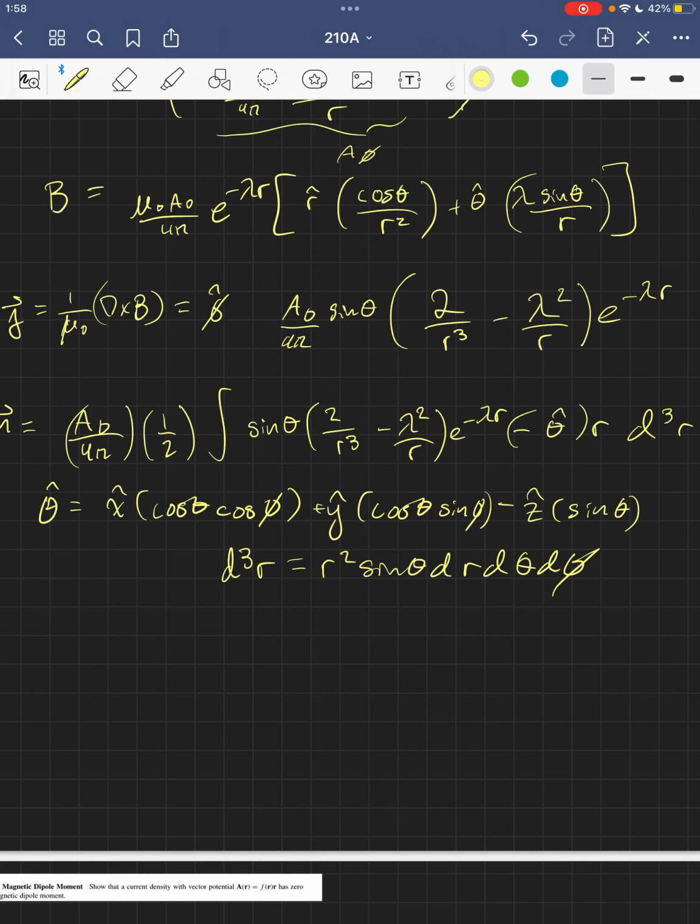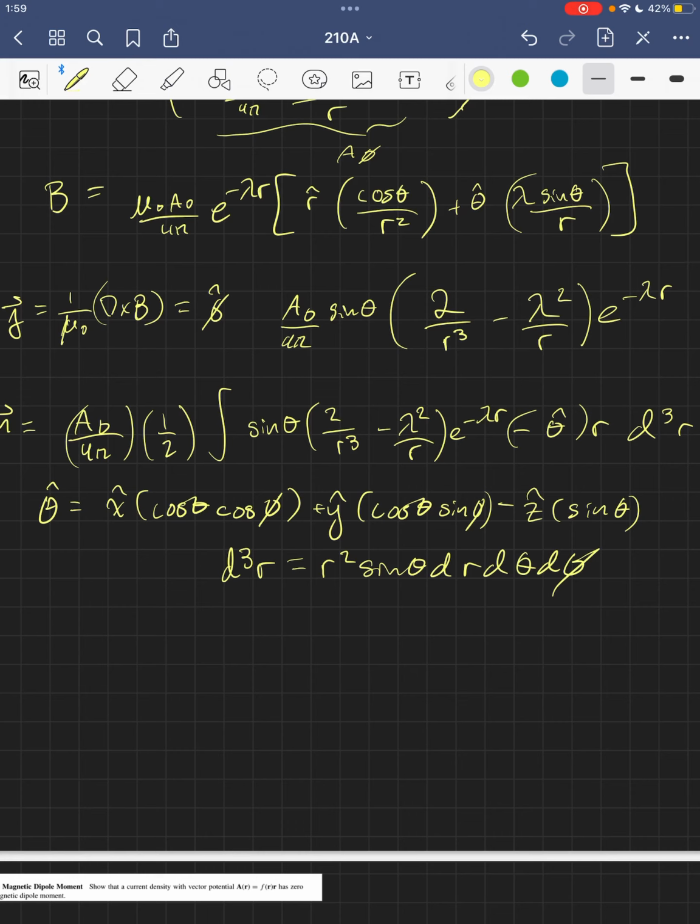So what we can do is write all this out, right? So think about, as we've done before, a sine theta times a cosine theta integrated from 0 to pi, that would vanish, right?